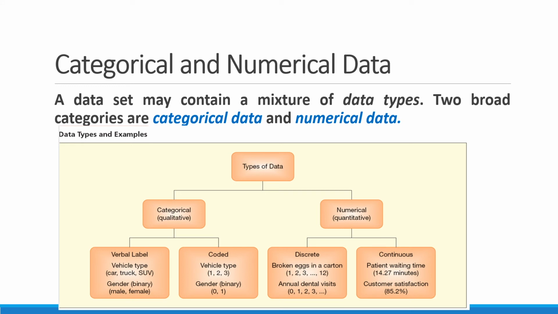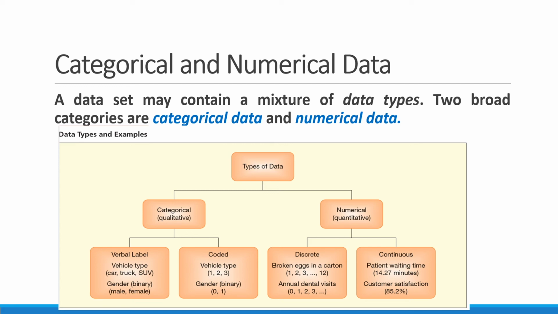Sometimes the columns of the data set may contain different data types. These data types can be categorical or qualitative, or numerical or quantitative variables.